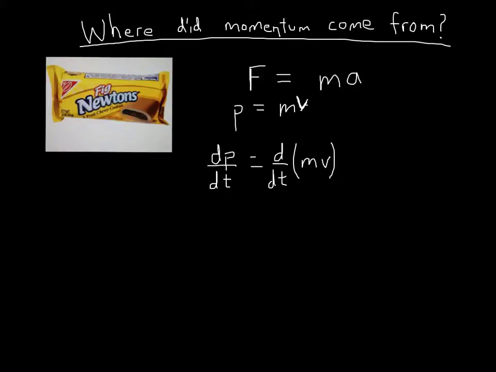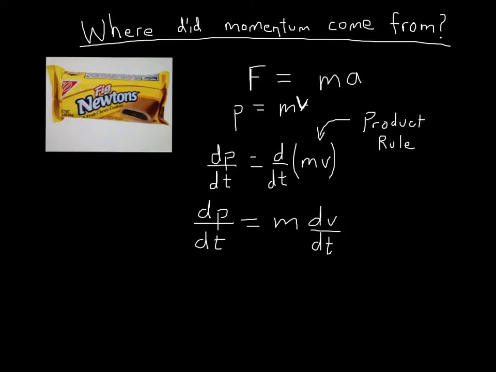I have a mass times a velocity. A derivative of a product has a very specific rule that you have to follow to differentiate it. You have to follow the product rule. So I'm going to use the product rule to find the derivative of mass times velocity, to find the derivative of momentum. I'm going to find dp dt is equal to the first variable, mass, times the derivative of the second variable, dv dt.